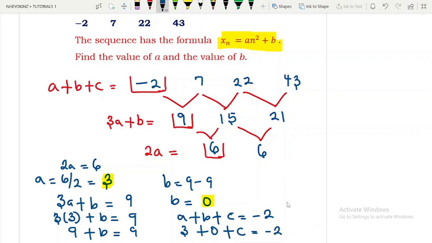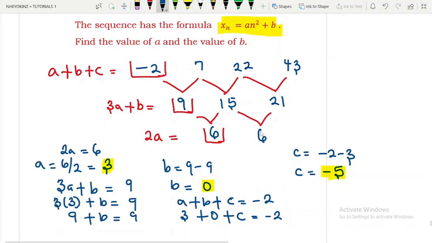So here, collect like terms, so that c equals negative 2 minus 3. So the value of c will give us negative 5. So that's our a, b, and c.